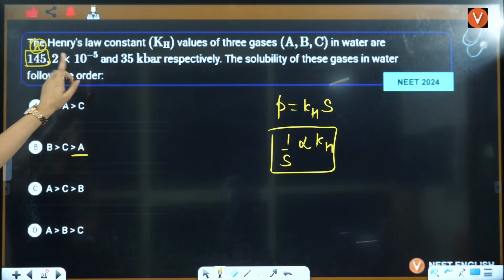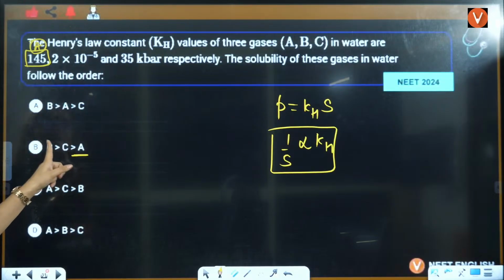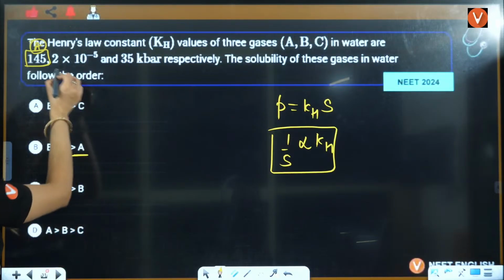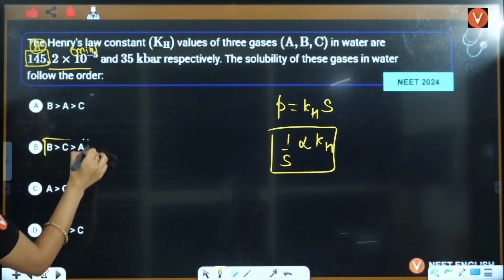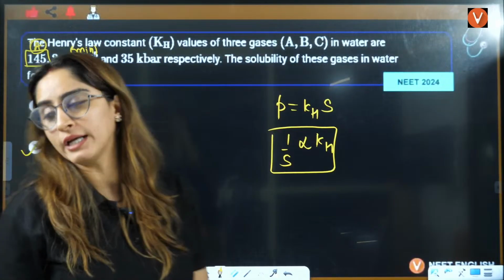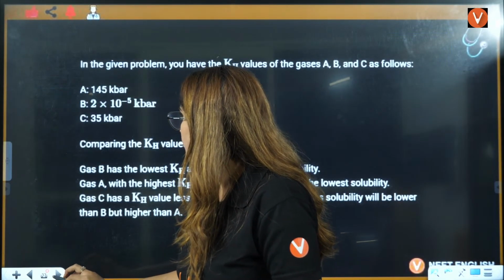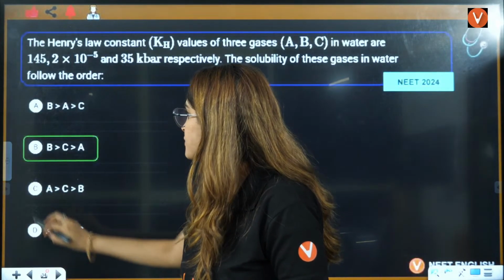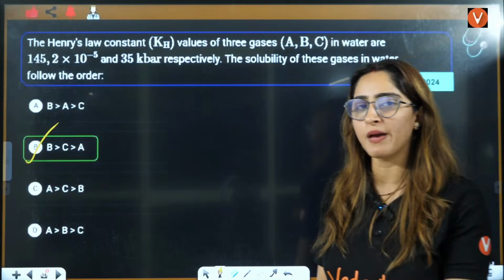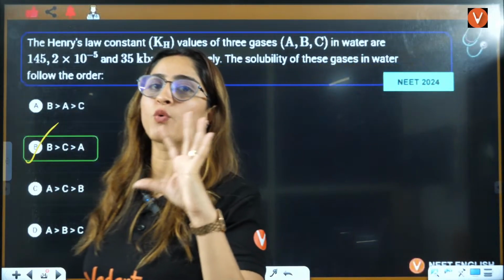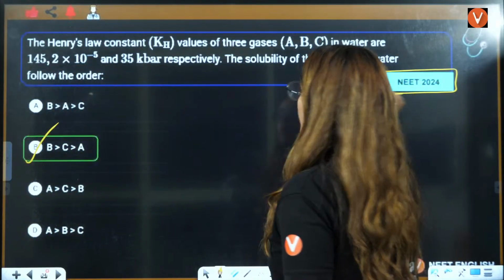Then you have 35, that is going to be C. Then you have B, that has the minimum value of KH, and that is going to have the maximum solubility here, right? Okay. So that's how you're going to answer this. Comparing these values, the correct answer will be B. What you should remember is this inverse proportionality. That is your NEET 2024 question.